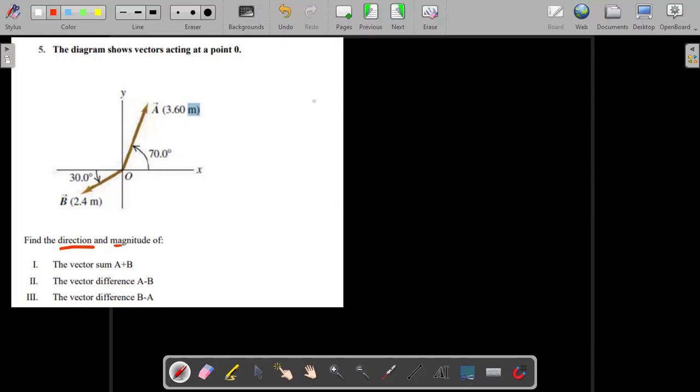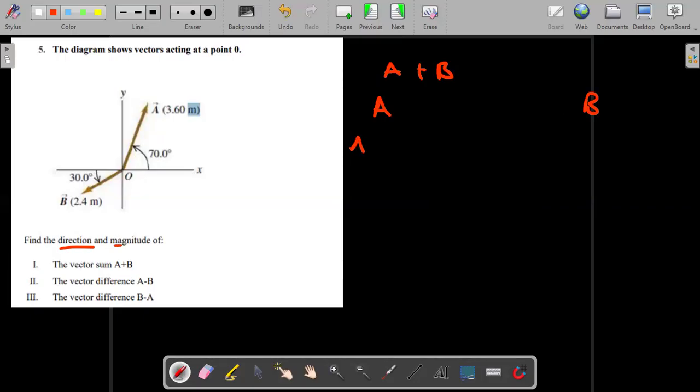So now we are finding the vector sum A plus B. As we said, for our vector A we must find the components, and for our vector B we also must find the components.